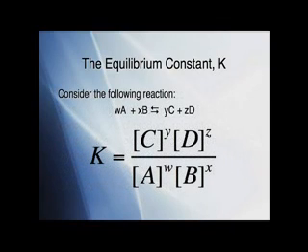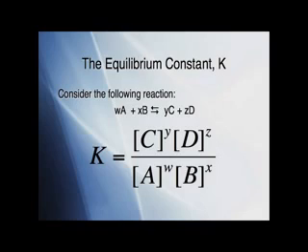Let's take a look at a generic chemical reaction and see how we would write the expression for the law of mass action, or the equilibrium constant expression. Here we have a chemical reaction in which A, B, C, and D are the reactants and products. W, X, Y, and Z are their stoichiometric coefficients.